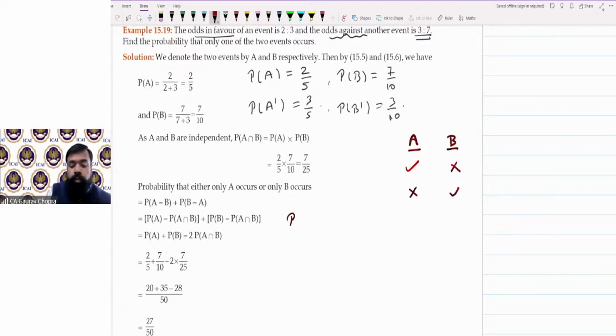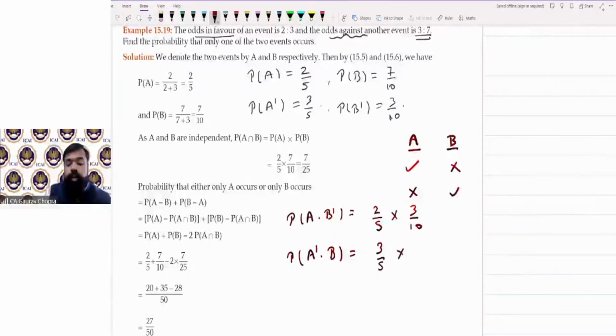So first one, A is occurring. That means we will take P(A) and P(B dash). B dash means B will not occur. And second case will be A will not occur, but B will occur. So what is P(A)? It is 2 by 5 multiplied by 3 by 10, because P(B dash) is 3 by 10. Now second case, 3 by 5 multiplied by 7 by 10.